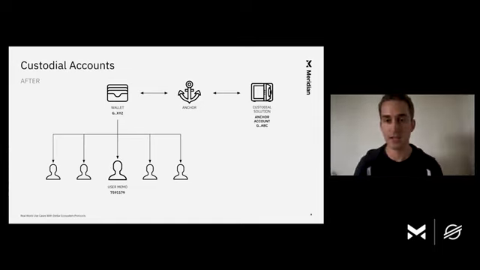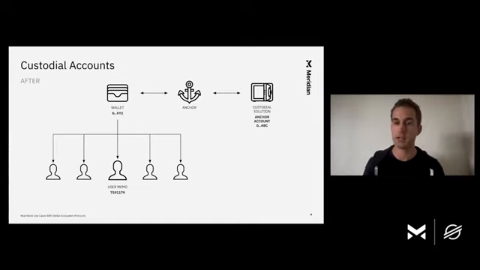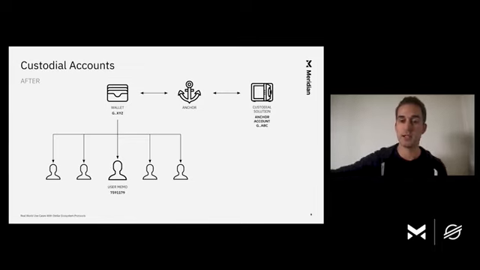In this case, as I'm showing here, the anchor doesn't hold the private keys to their Stellar account and instead uses a custodial solution such as Fireblocks or BitGo that has an additional layer of security that manages the Stellar account and provides a set of APIs that allow the anchor to take advantage of all the Stellar native functionality without holding the private key and being responsible for managing it.